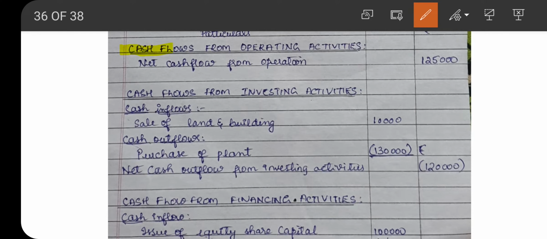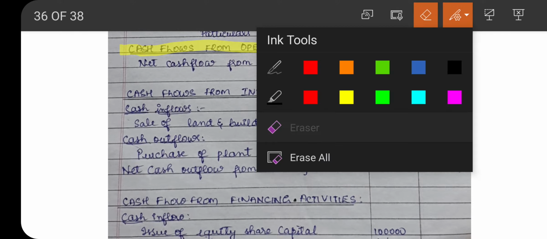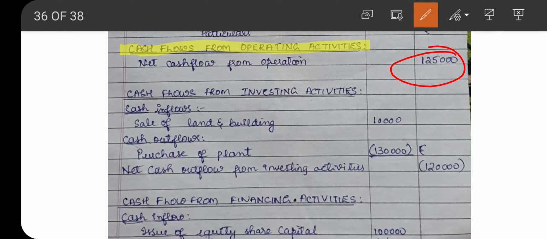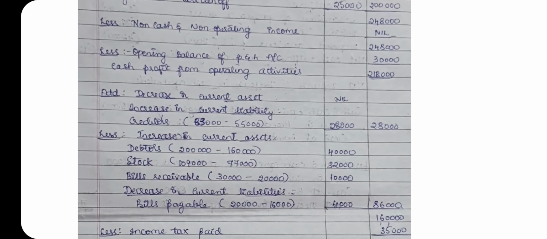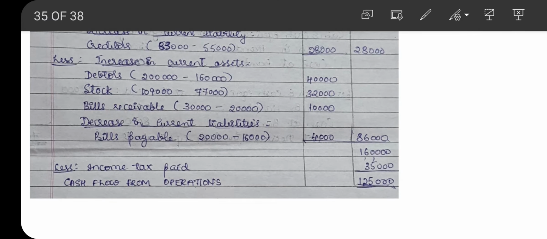The first heading is cash flow from operating activities. We have already calculated it, so net cash flow from operation is 1,25,000.